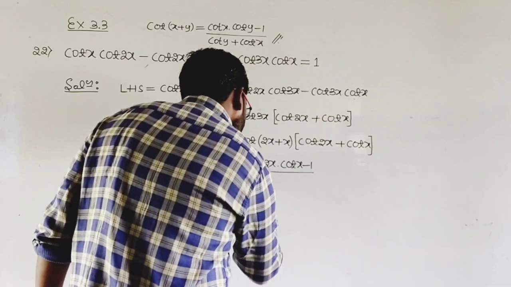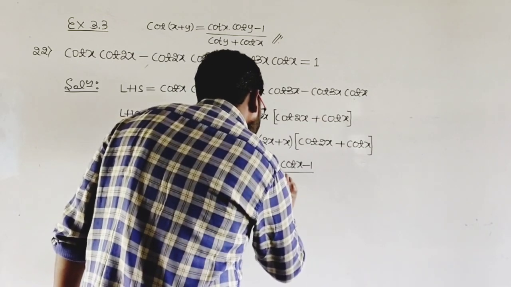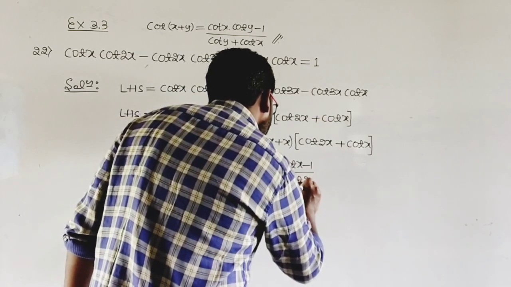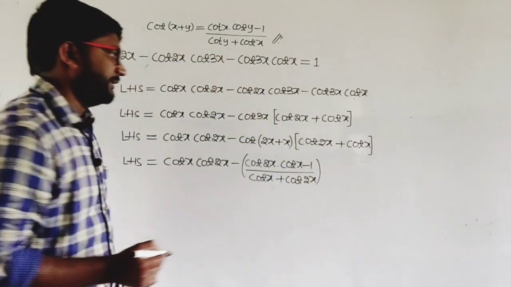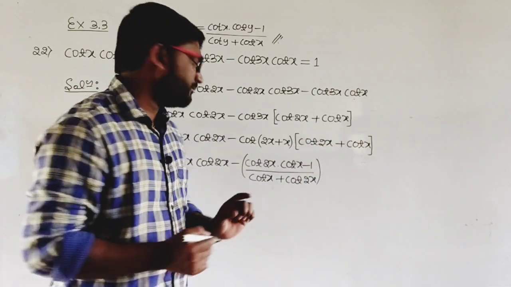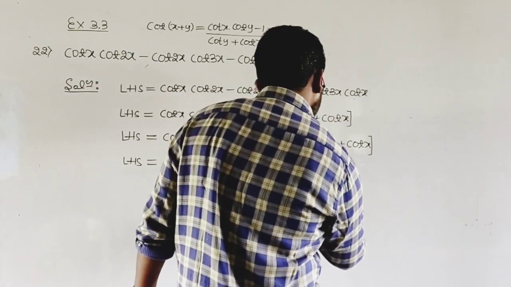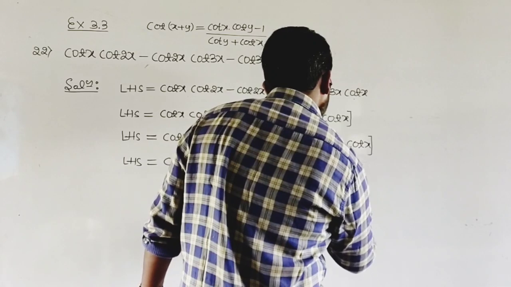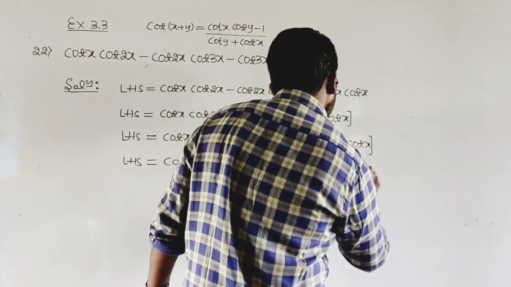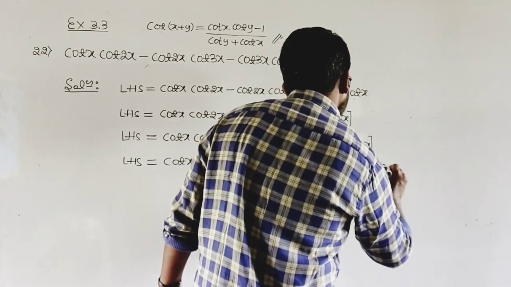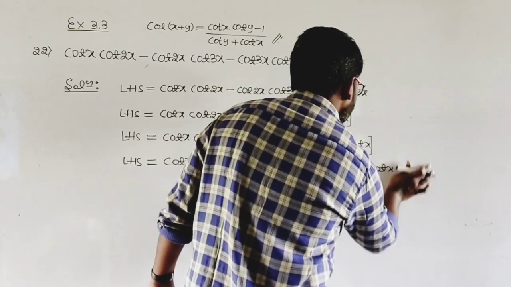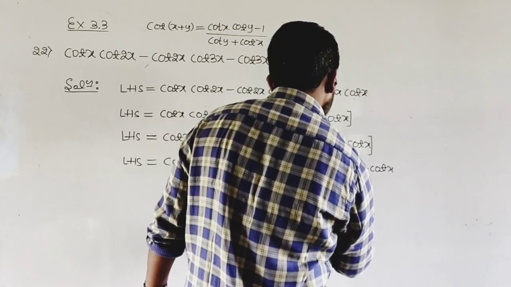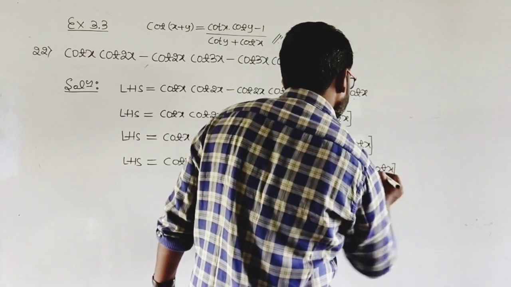It is cot x plus cot 2x, then into this term as it is. So into cot 2x plus cot x.